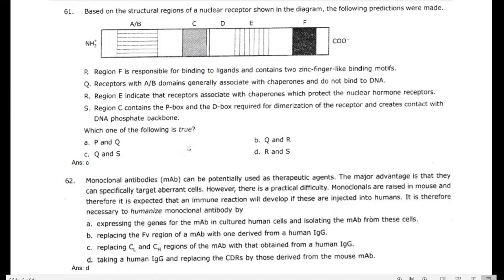So that is wrong. Yes, the region C containing the P box and D box is required for dimerization and DNA binding with the phosphodiester backbone. So the intermediate region is acceptable. Yes, so the answer is the Q and yes.